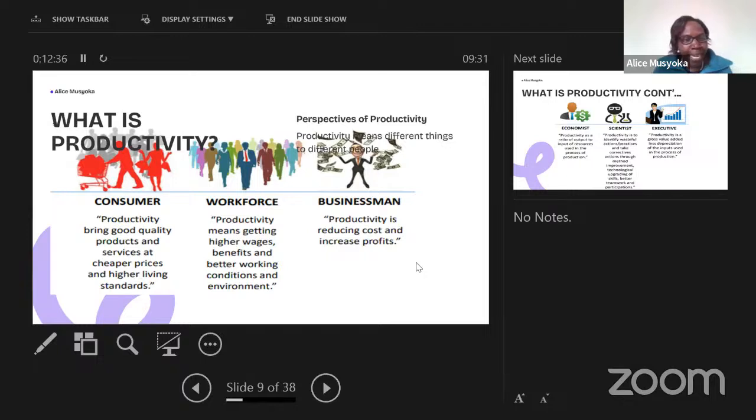So when we say to a consumer, productivity should bring good quality, that reminds me of my lecturer at the university who taught me about TQM, Total Quality Management. And one thing that my lecturer taught me is that quality is defined by the customer.